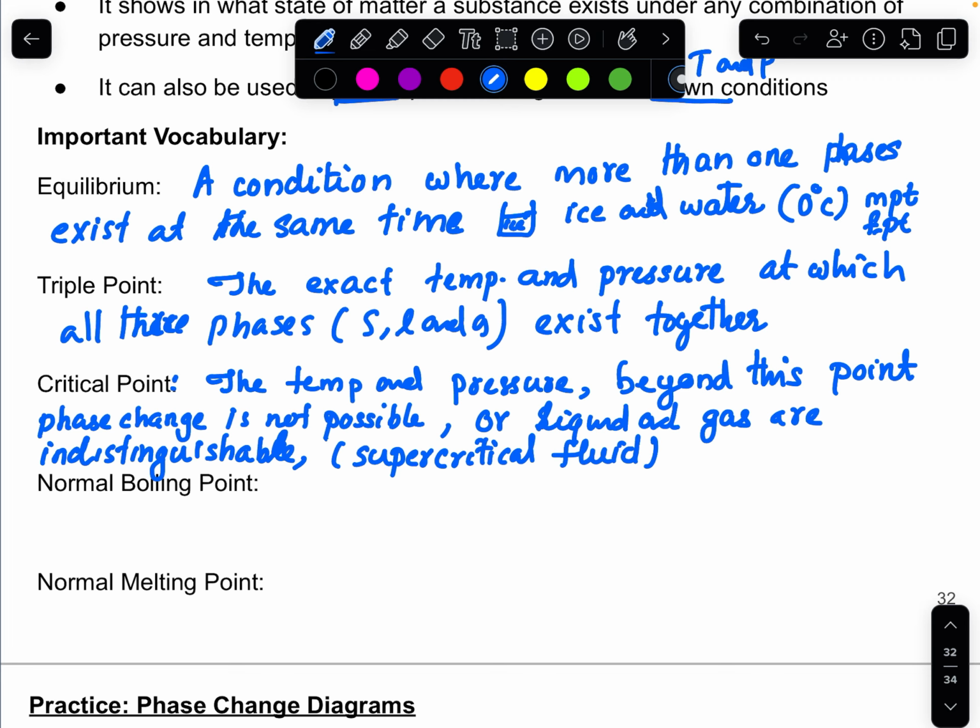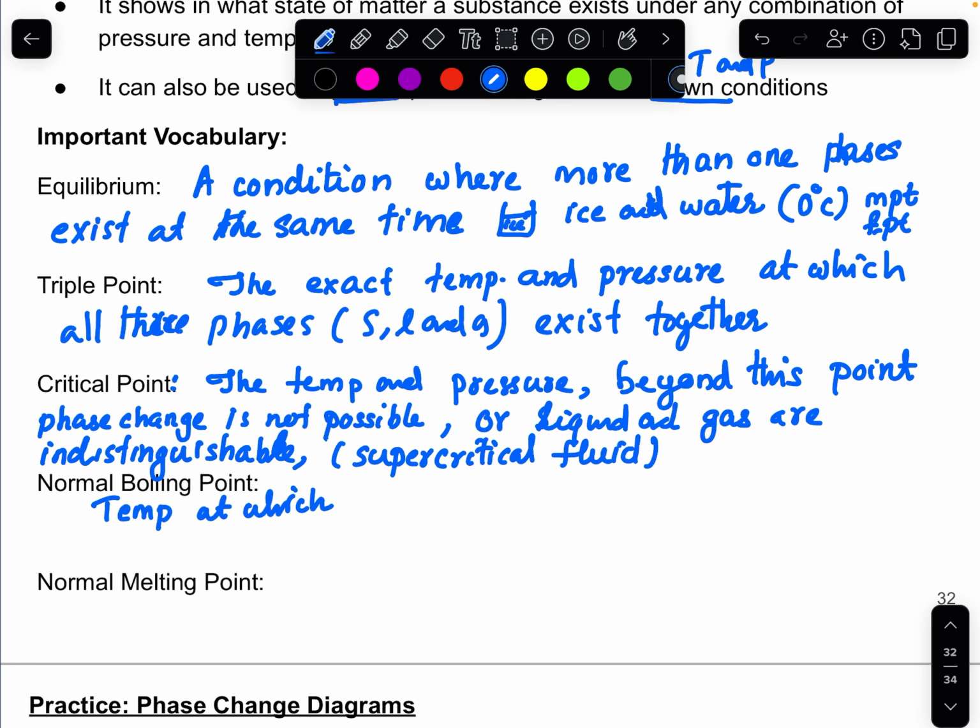Then boiling point. Okay, boiling point is the temperature at which we can say vapor pressure becomes equal to atmospheric pressure.